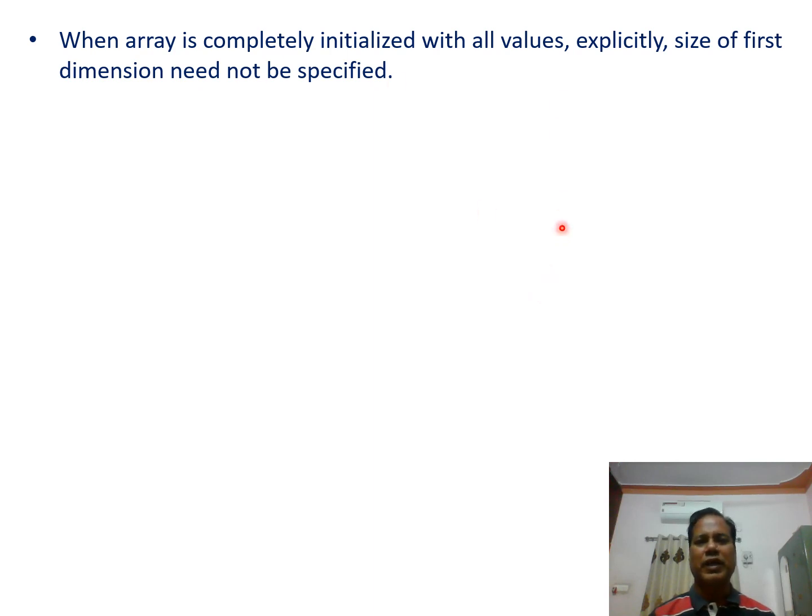So is the case in the two-dimensional array, like this one. Here the row size is optional if we explicitly write all the values of the 2D array.